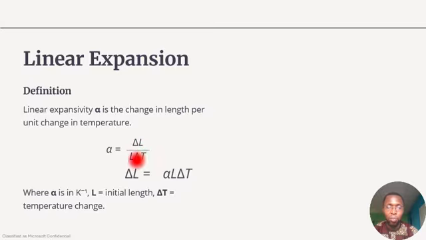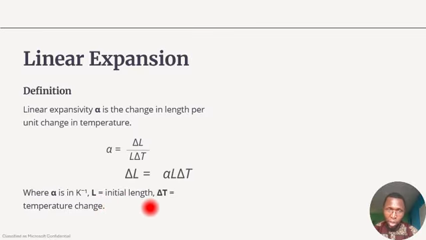If you cross multiply this, we'll have delta L equal to alpha L delta T. The unit of linear expansivity is per Kelvin, that is K to the power minus 1. So we've said before that delta T means change in temperature or temperature change.